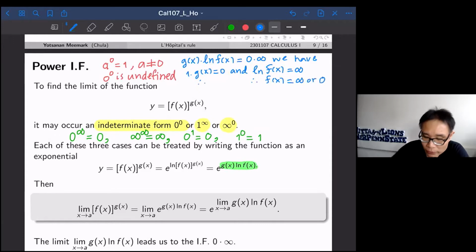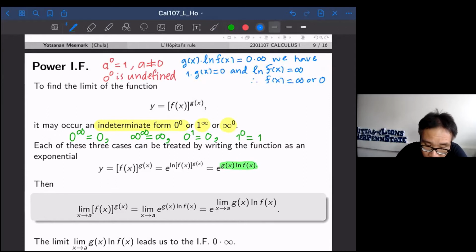When you have f(x) equal to infinity, it's log infinity, and log infinity equals infinity. And when you have f(x) equal to 0, you have log of 0. In the graph, you get the function equal to negative infinity. So that's the reason why we say that f(x) equals infinity or 0.